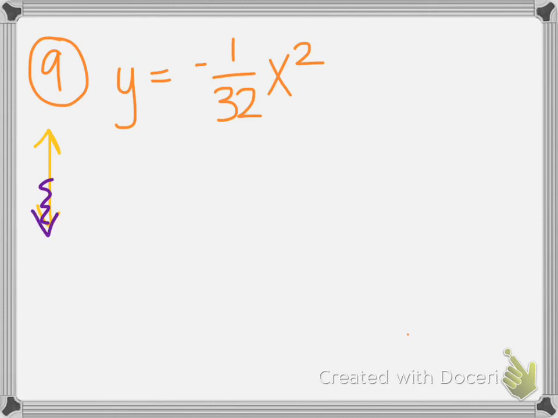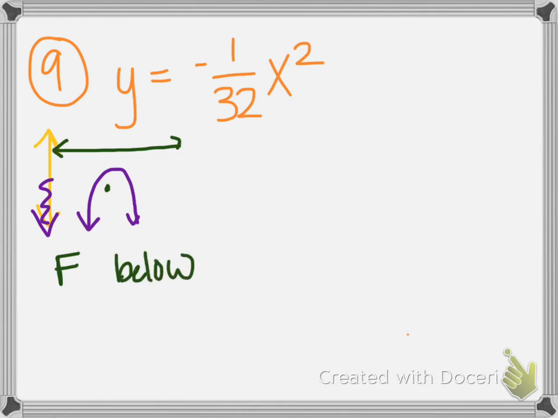So this parabola is going to open downwards, which means that its focus is going to be below the vertex, and the directrix is going to be above. So I like to write those two things down. Focus, you can write F, is below, and directrix, D, is above.